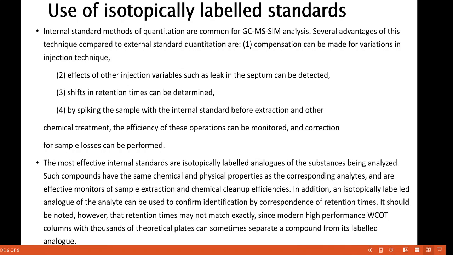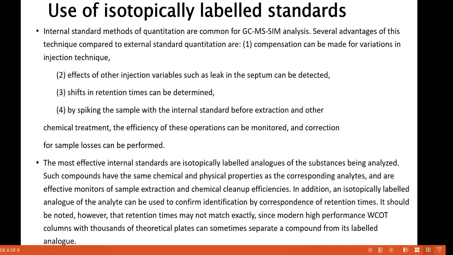Compensation can be made for a variation in the injection technique, meaning the injection is done in a different way. The effects of other injection variables, such as a leak in the septum, can be detected.